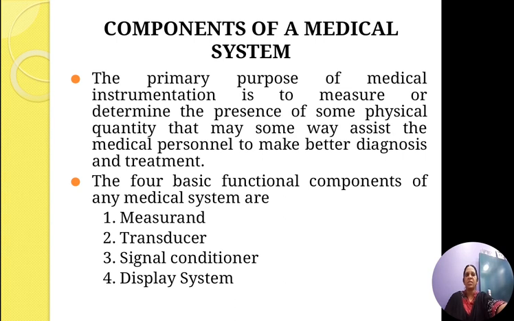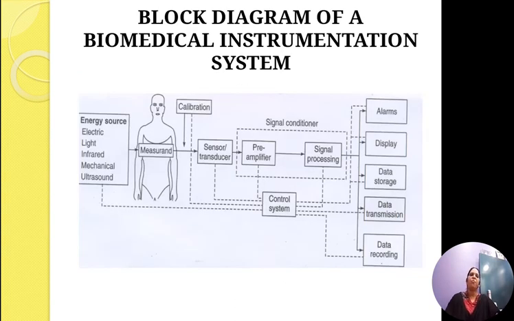The block diagram of a biomedical instrumentation system consists of the measurand, then the sensor or the transducer, then the signal conditioner, and then the display system, followed by data storage and data transmission system.